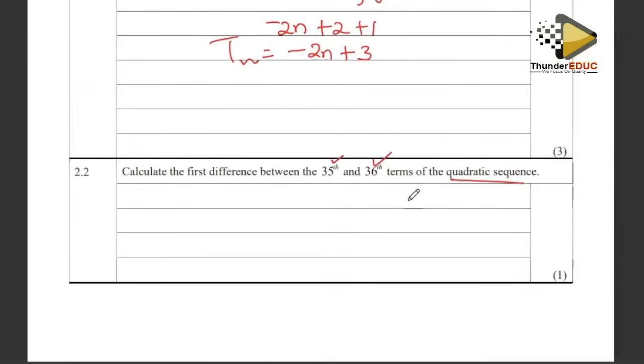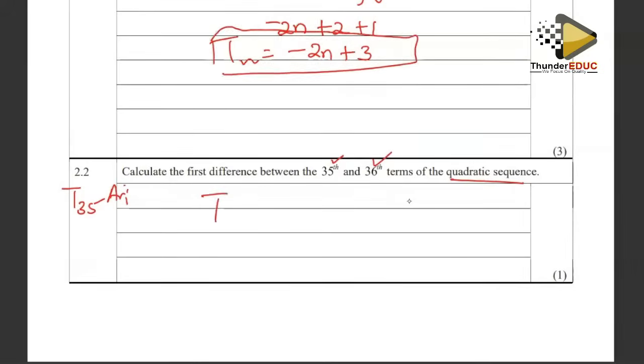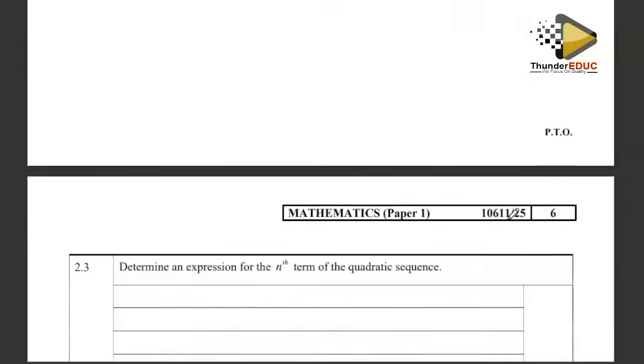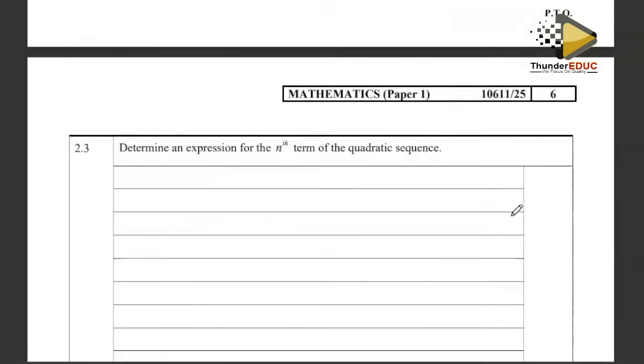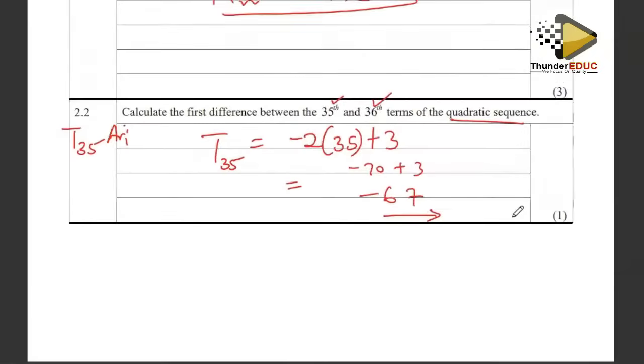So in this case, we need to look for T35 of the arithmetic, which is going to be -2 times 35 plus 3. That's -70 plus 3, which is -67.